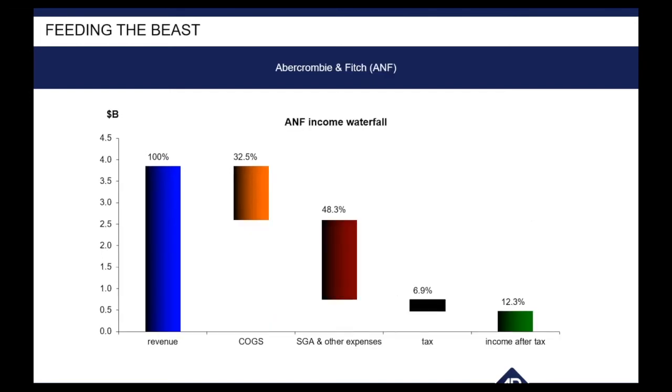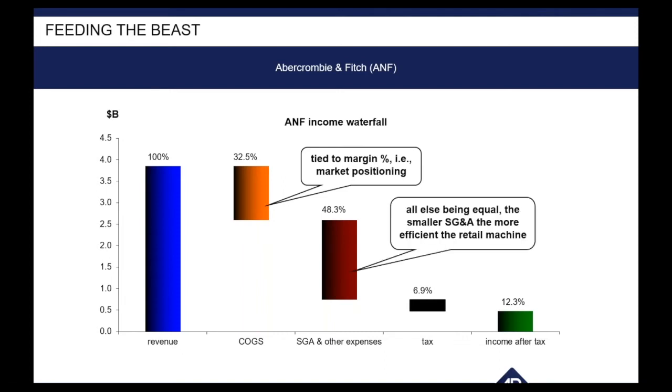The other example at the other end of the spectrum is Abercrombie & Fitch. And again, because of market positioning, they sell much higher margin merchandise. So the cost of goods sold takes a much smaller bite out of the top line. However, they are a much less efficient retail machine. The fixed cost, the overhead, takes a much bigger bite out of the top line.